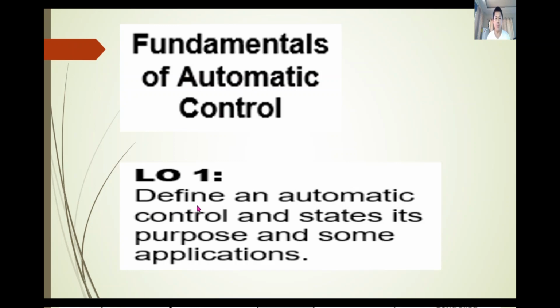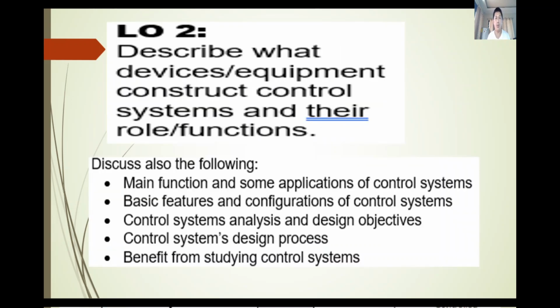Learning objective number one, define an automatic control and state its purpose and some applications. Learning objective number two, describe what devices, equipment, construct, control systems, and their role and functions.